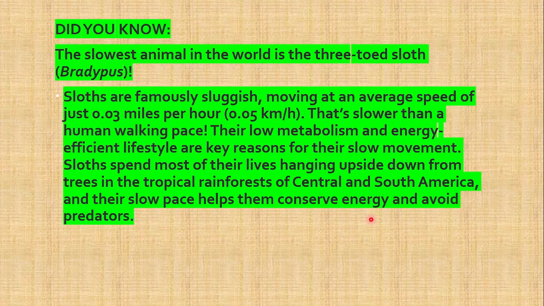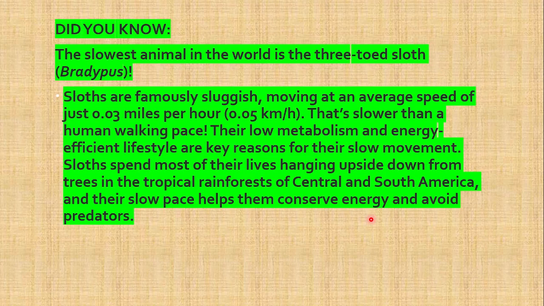Did you know the slowest animal in the world is the three-toed sloth, belonging to the Bradypus family? Sloths are famously sluggish, moving at an average speed of just 0.03 miles per hour. That's slower than a human walking pace. Their low metabolism and energy-efficient lifestyle are key reasons for their slow movement.